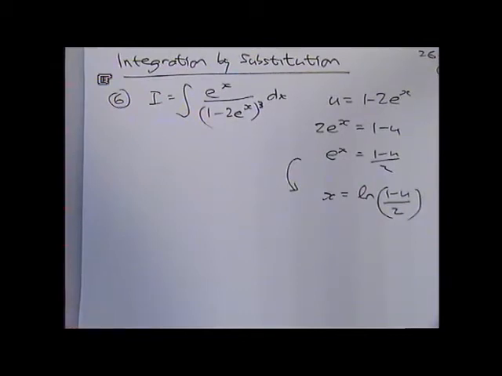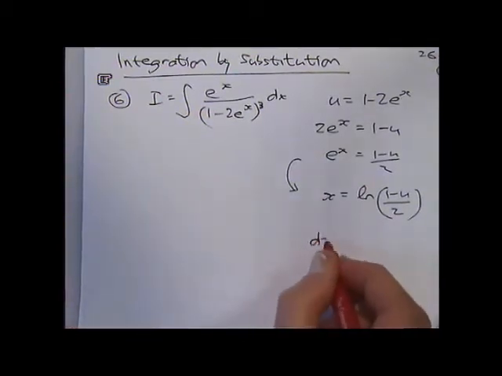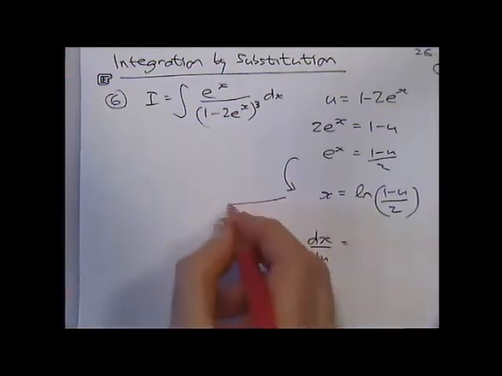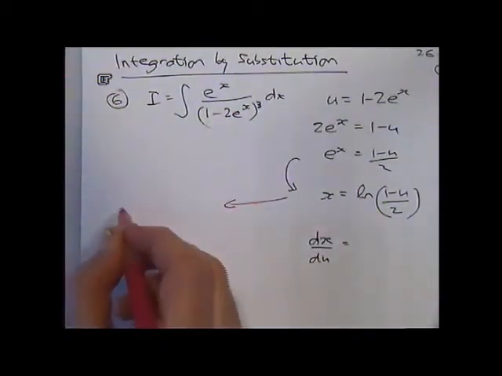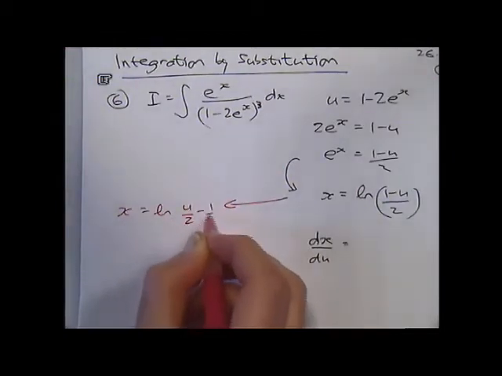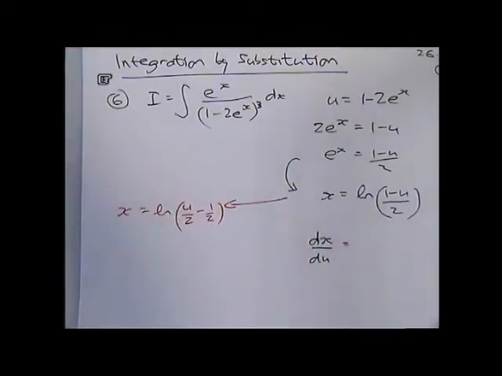So if we've got what that is now, at this stage we can work out dx du. We're logging something. You might find it easier to rewrite that as x is log of u over 2 minus a half. It's the same thing.